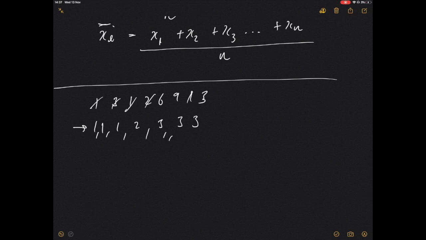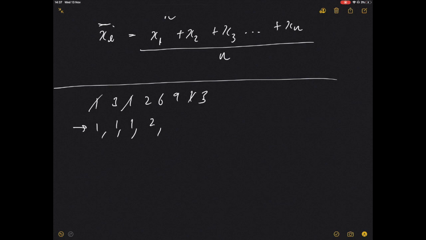We'll start again. We have a 1 here, another 1 here, and another 1 here. We have a 2 here. We have a 3 here, and another 3 here. And we have a 6, and we have a 9. So here we have 1, 2, 3, 4, 5, 6, 7, 8 pieces of data.